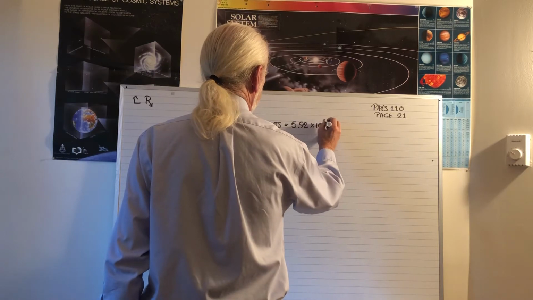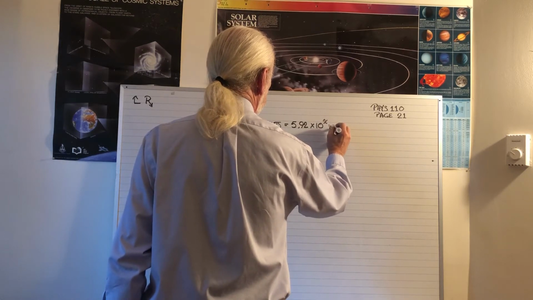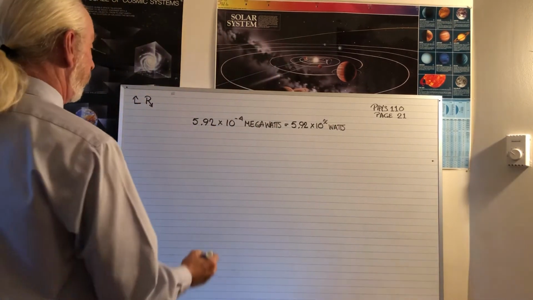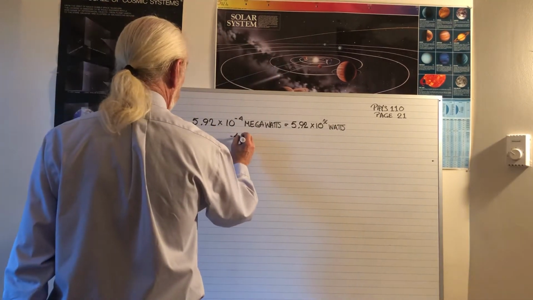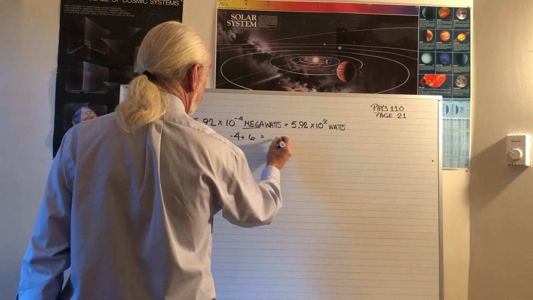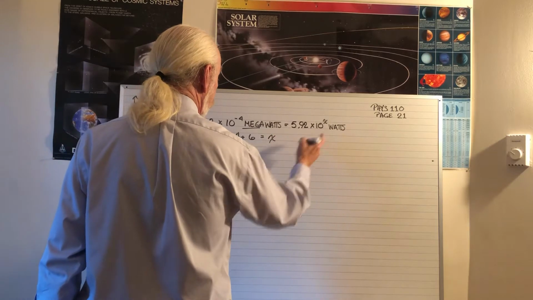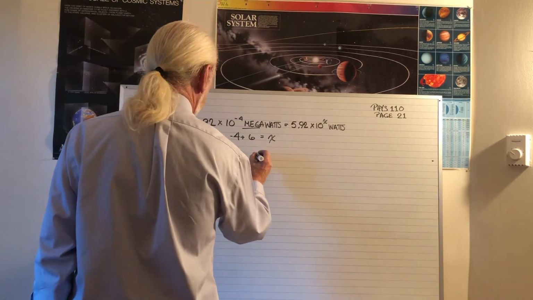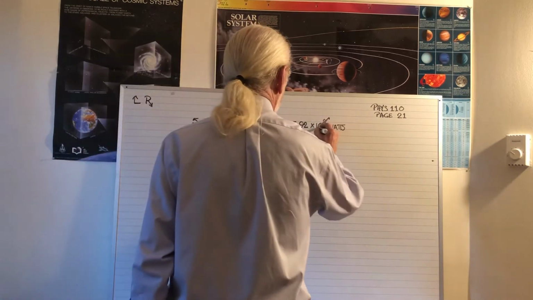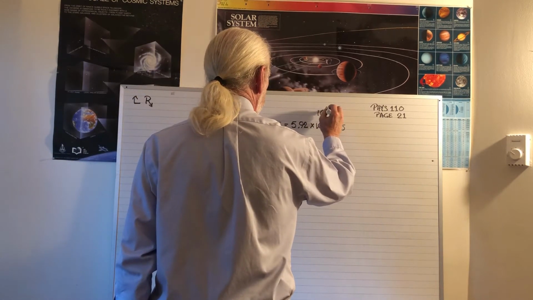Times 10 to the I don't know watts. So left to right, I have negative 4 plus 6 equals x, and no other prefixes. Pretty simple. There we go.